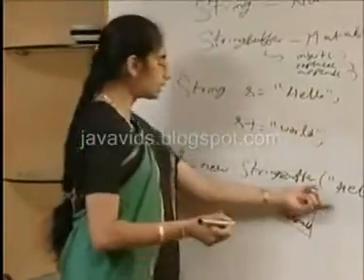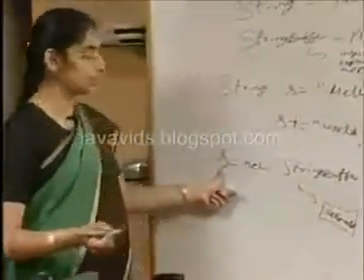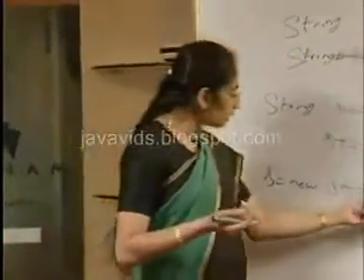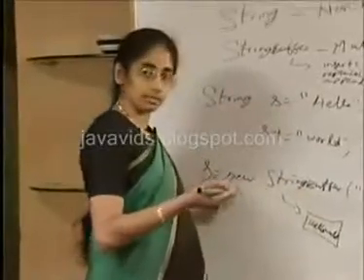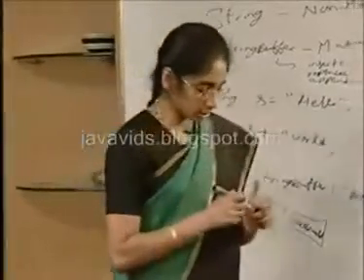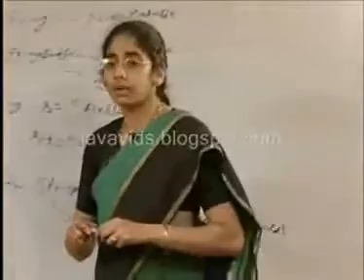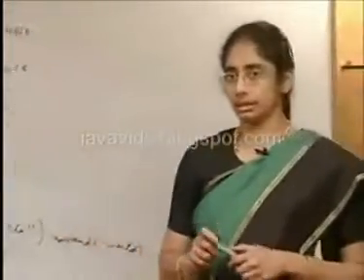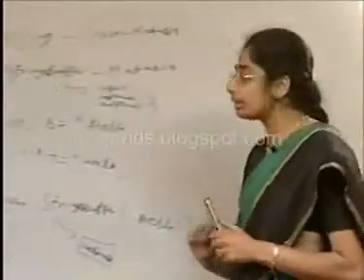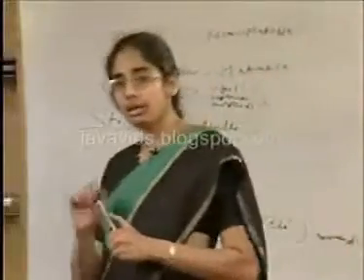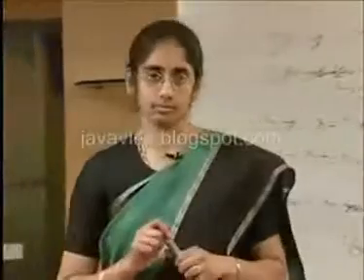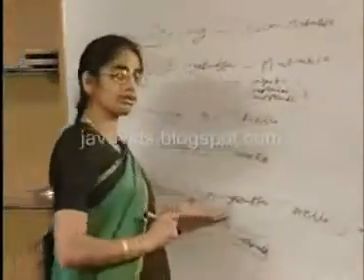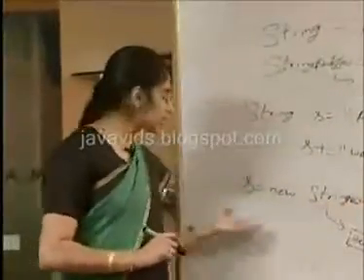This has to be stored back into the String object. Now how do you convert StringBuffer into a String? Going back to the Object class, there is one more method in the Object class called the toString method. This toString method returns a String object for any object. So that's the toString method which we need to call on the StringBuffer object so that we get a String object out of it.